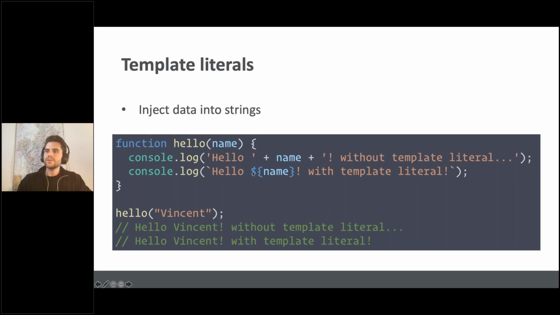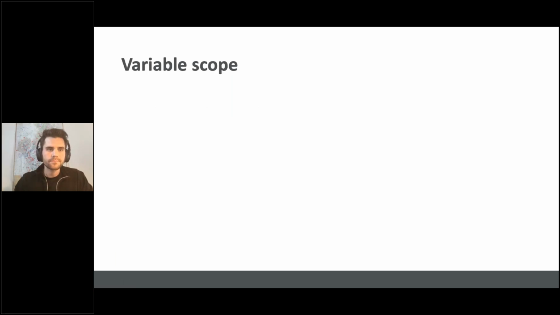With a template literal, what you can do is use a $ sign and open the brackets and put your variable in there, and it will give the same result. So it's a much simpler way of defining strings. The only difference is, instead of having a single quote that opens and closes the strings, you have the back tick. So that means you're using a template literal.